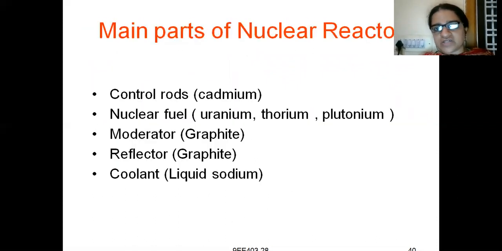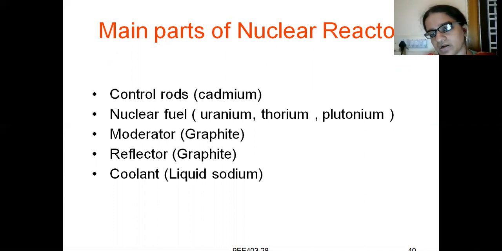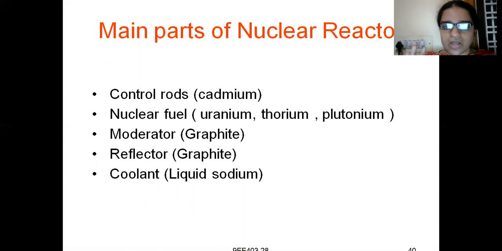The main parts of a nuclear reactor are control rods, nuclear fuel, moderator, reflector, and coolant. Like how we have parts in a thermal power plant, such as the boiler and air preheater, the main parts of a nuclear reactor are these. You need nuclear fuel, which is separated by a moderator.